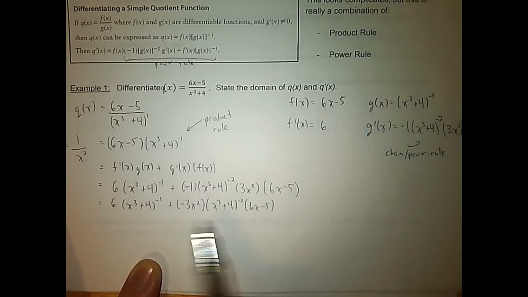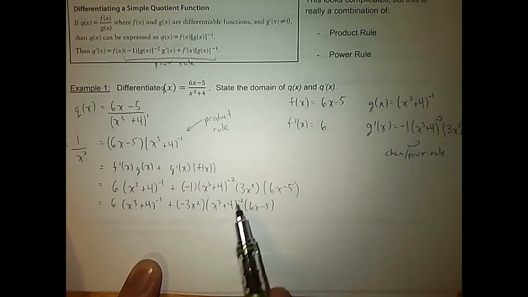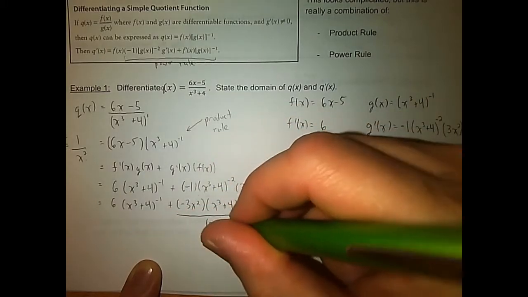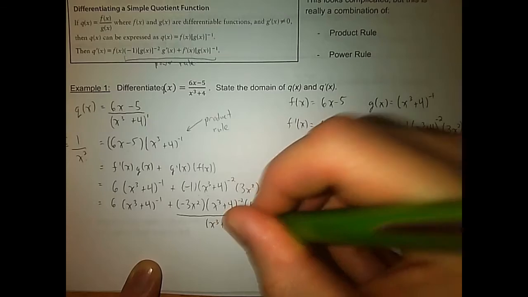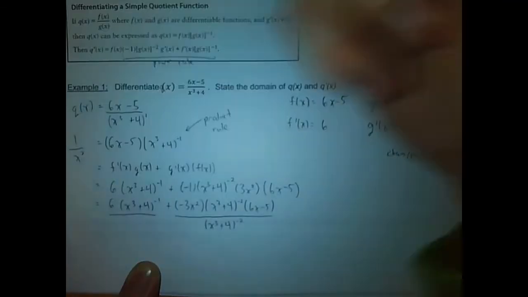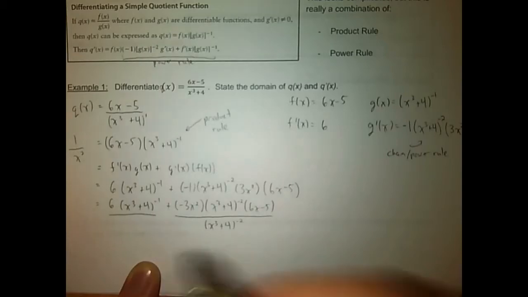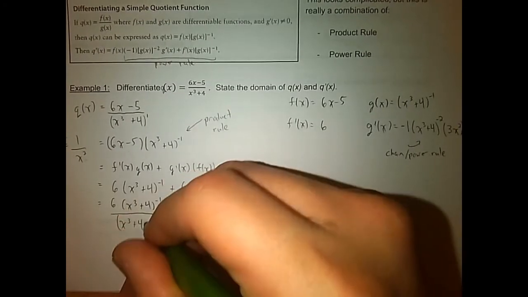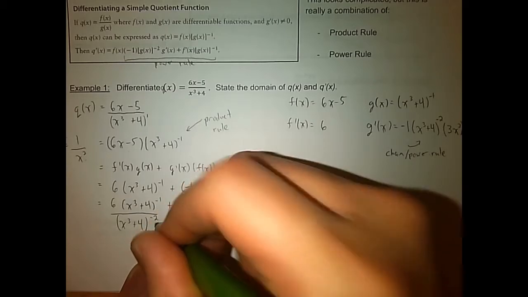So when we common factor and we have a negative exponent, the common factor is always the lower number out of the negative exponents. So in this case, I'm going to be common factoring out from this one. Well, for both of them, really the same one. And since negative 2 is a lower exponent, I'm going to divide both of these by x to the power of 3 plus 4 to the power of negative 2.